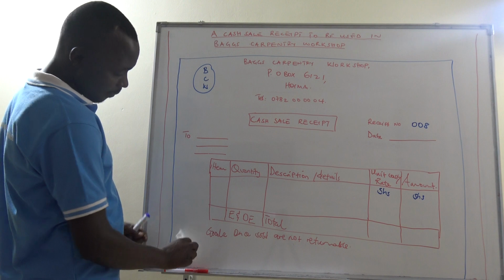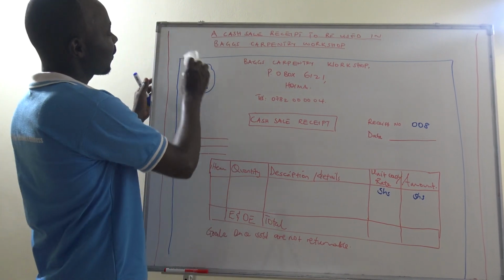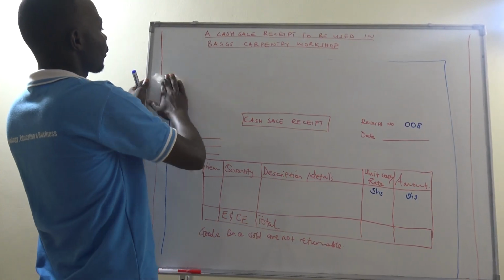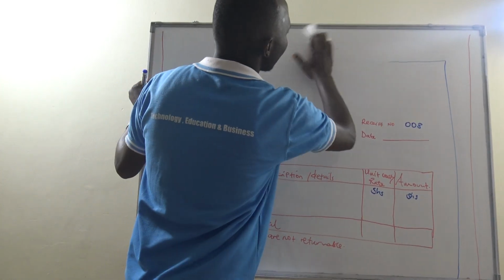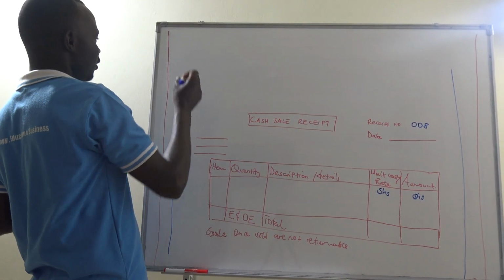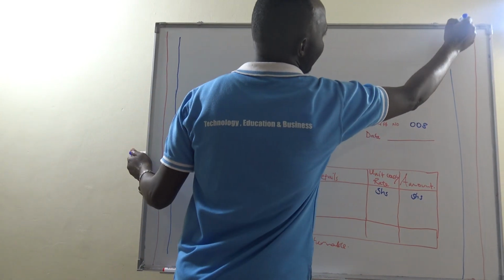Then from there, because of space here, we are continuing from here. This is still our frame. It is a continuation.